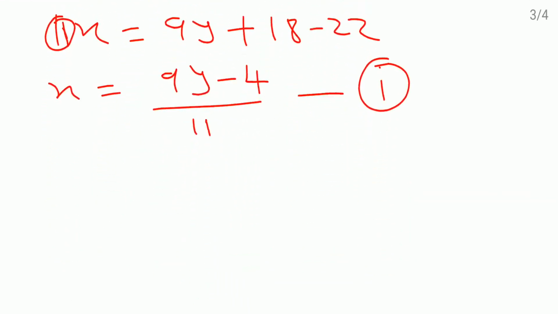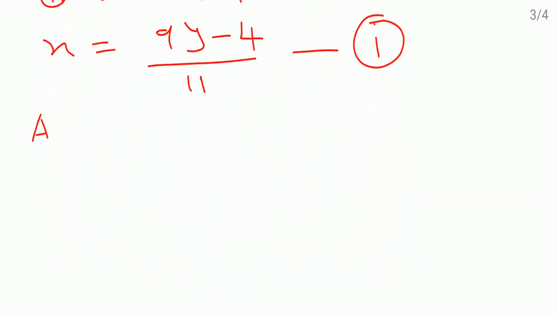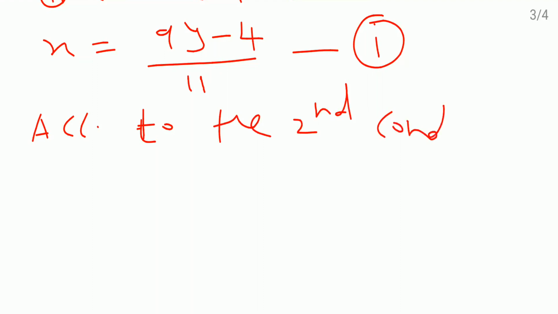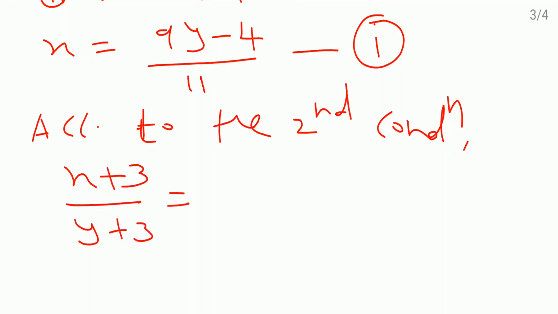Now look at the second condition here. According to the second condition, what are they saying? If we add 3 in the numerator and 3 in the denominator, our fraction becomes 5 by 6.